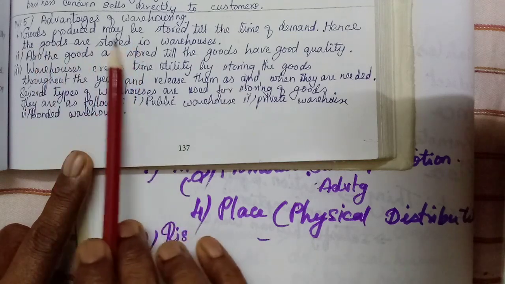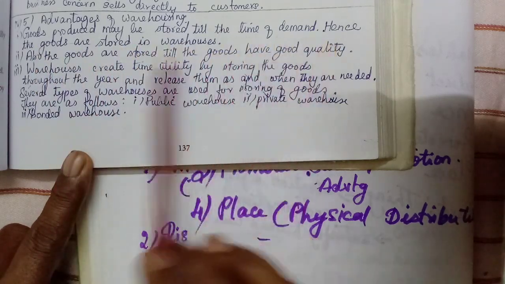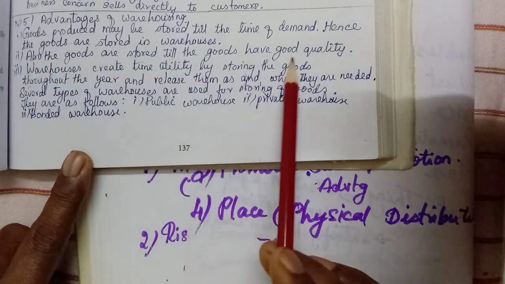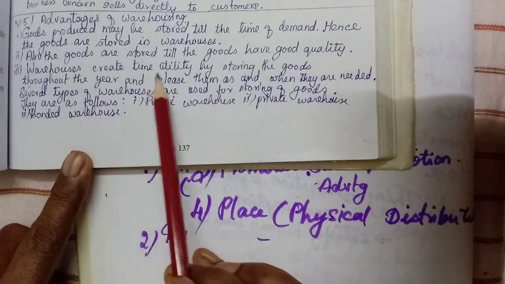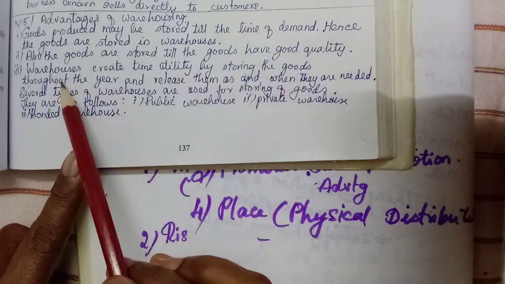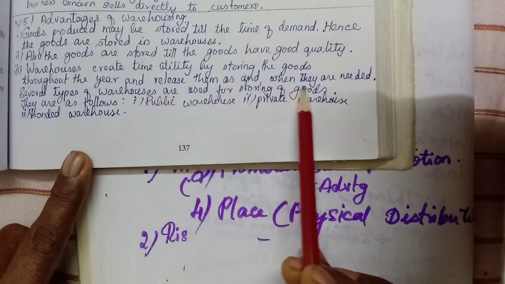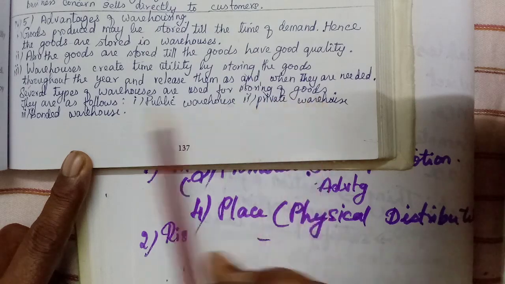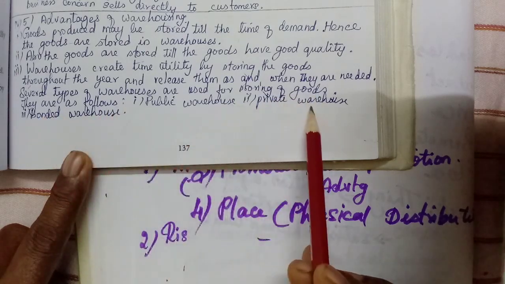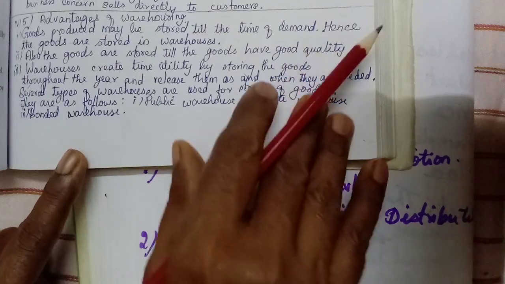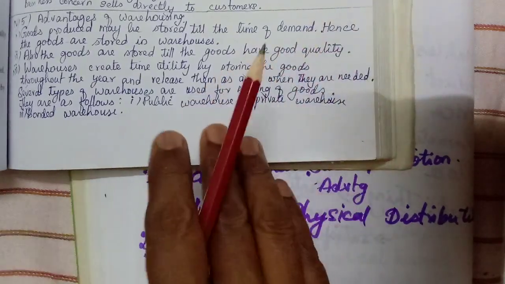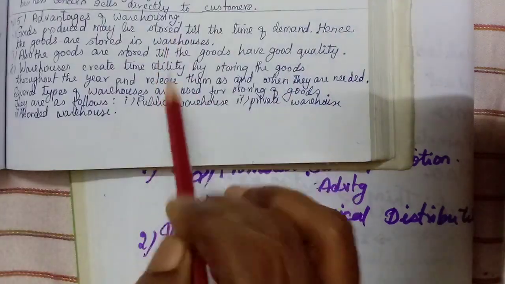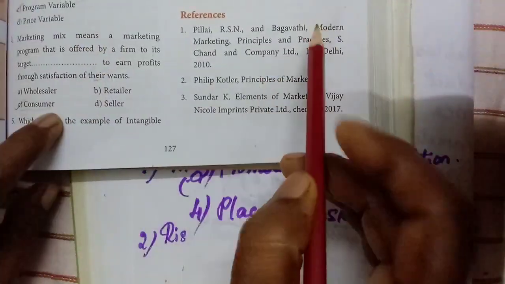Goods produced may be stored till the time of demand. Hence, the goods are stored in the warehouse. Then also the goods are stored till the goods have good quality. Warehouses create time utility by storing the goods throughout the year and releasing them as and when they are needed. Several types of warehouses are used for storing the goods. They are public warehouses, private warehouses, bonded warehouses. So this you can mark. Since I don't have place there, I have written here. You mark and keep.